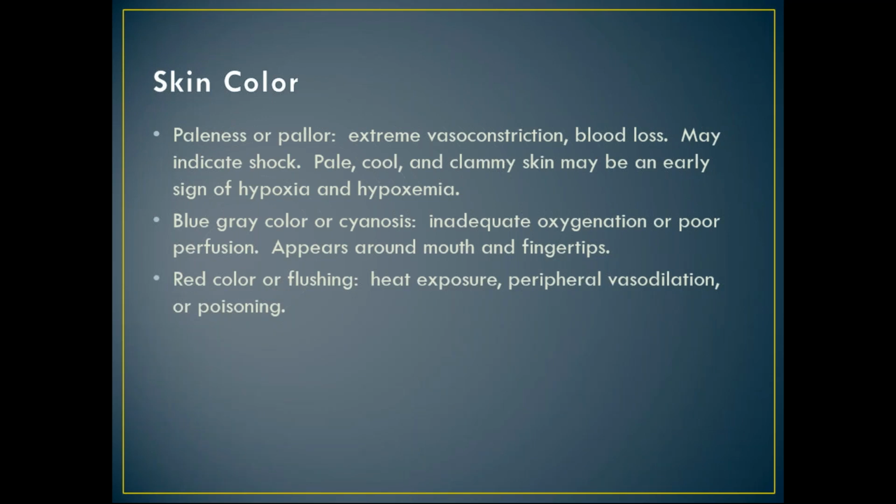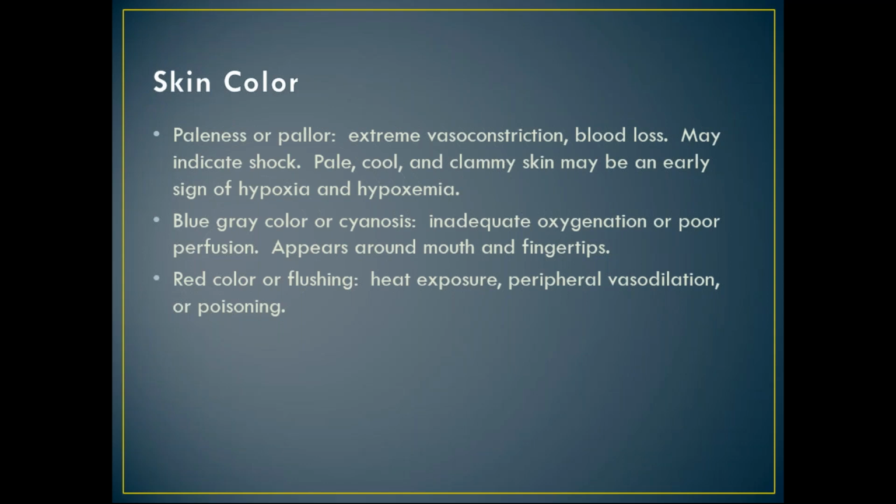Next, we approach our patient and they have either a red color or flushing. So this could be a couple of different things. Heat exposure is one, where the body's trying to give off that excess heat, and that's why we can see that flushed skin. You could also see it with peripheral vasodilation. So we could see this with some type of spinal injury, where they're suffering from spinal shock, or a patient who has some type of predisposition disease such as rosacea.